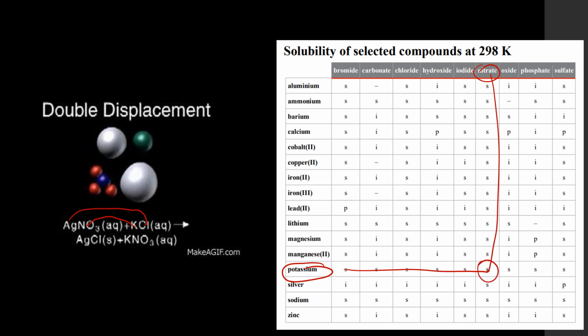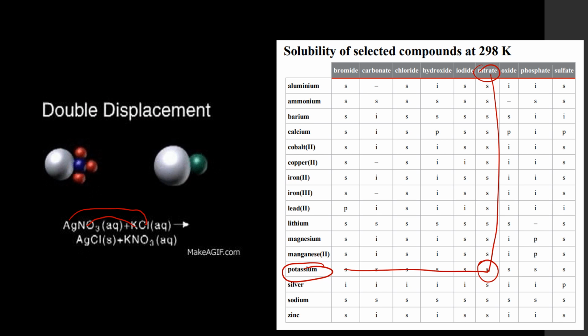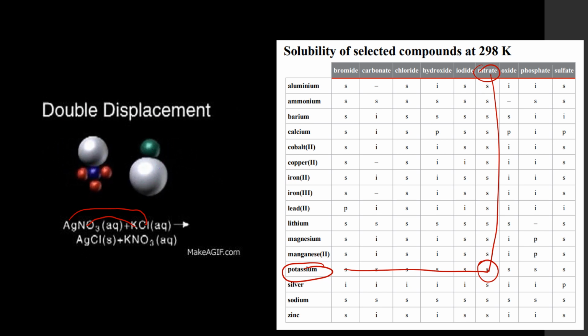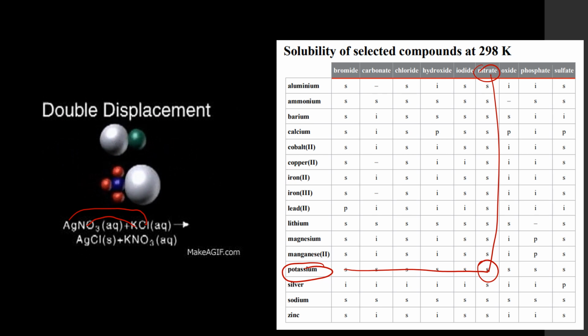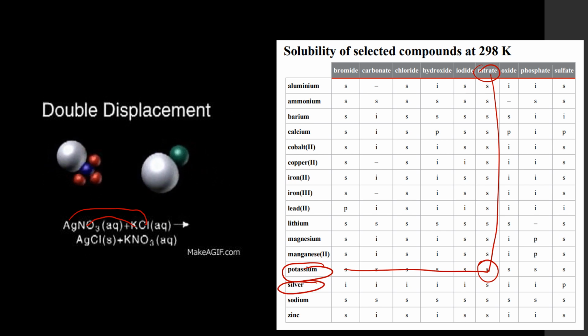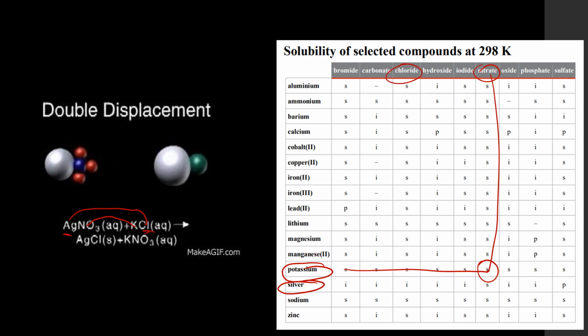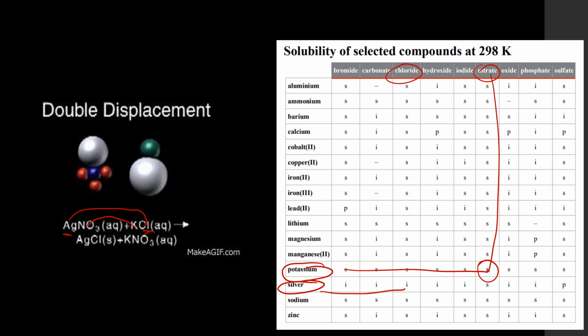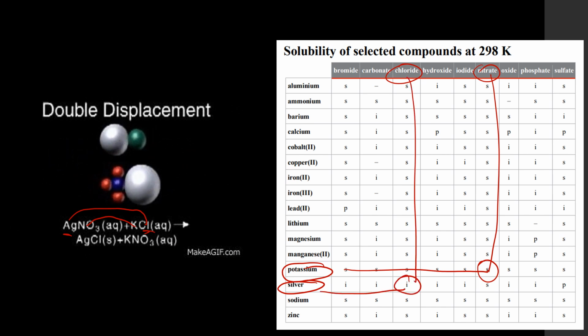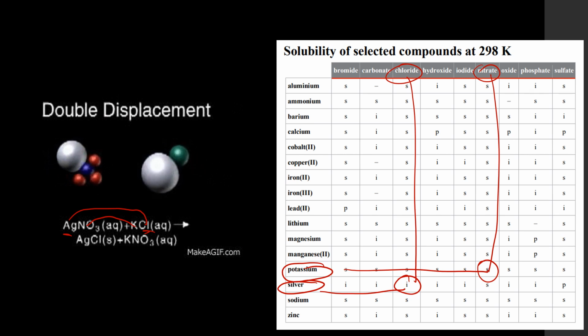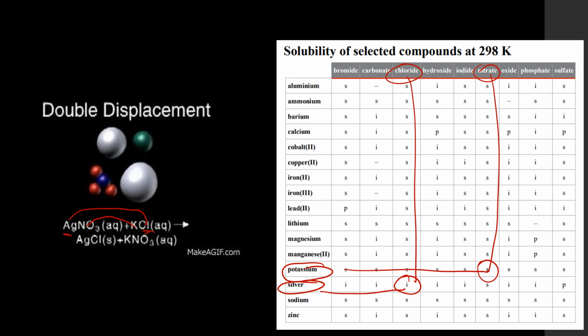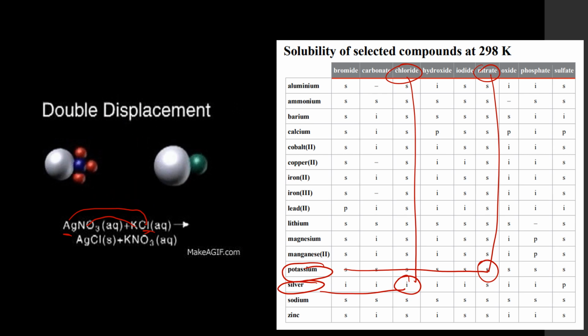So yes, that should be dissolved in water. So we want to now look at silver. Okay, silver chloride. So we go chloride. So we go along, and yeah, definitely that's going to be insoluble in water. So that one should form the precipitate.